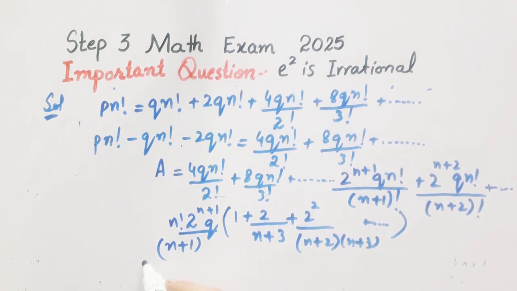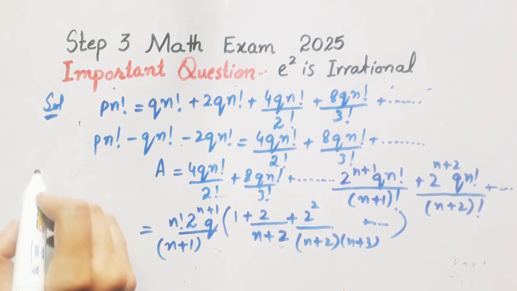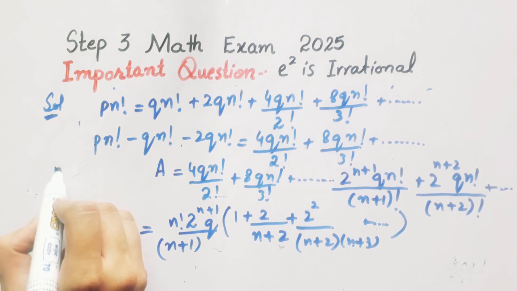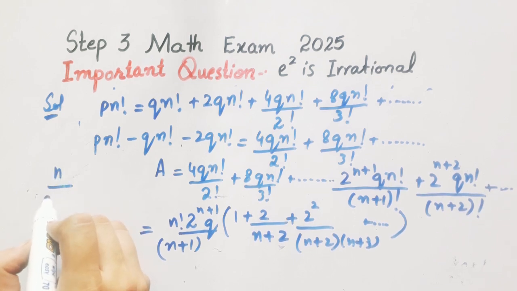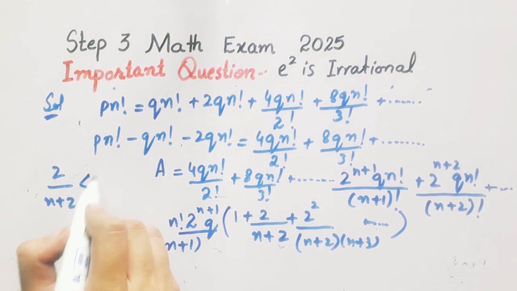So you can say this term is, again you can take common, so you will write this as 2 raised to power. n can be large, so we can choose n such that 2 over n plus 2 is less than 1 over 2.